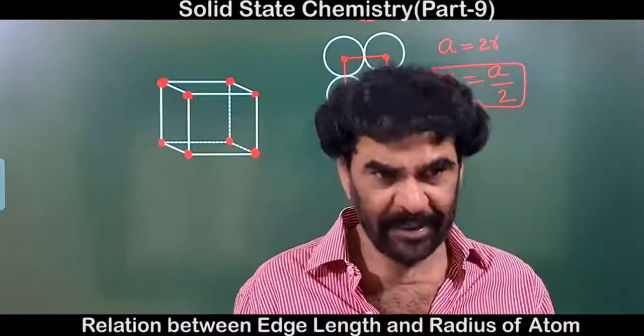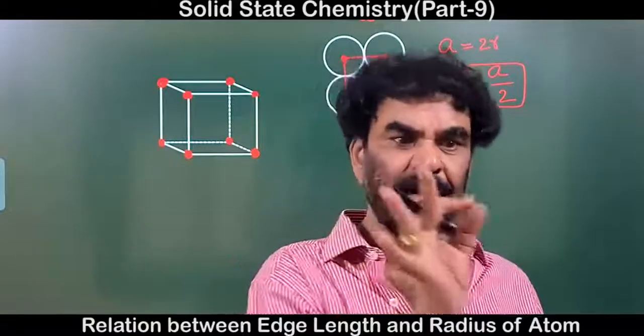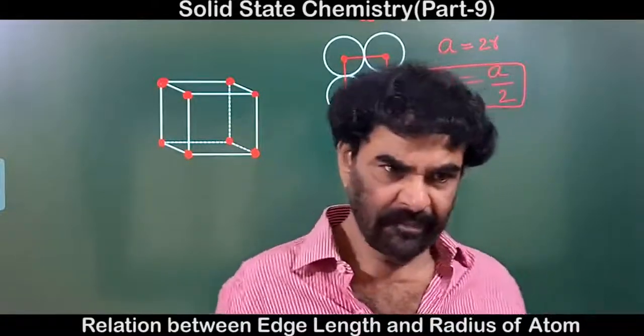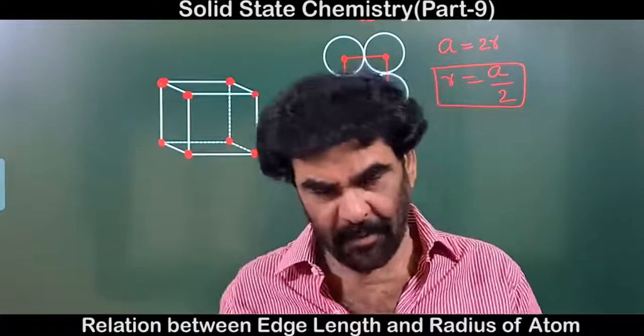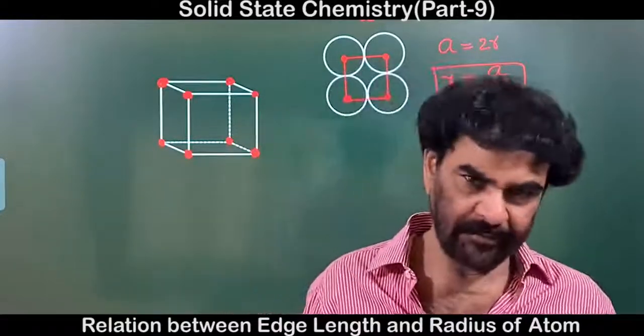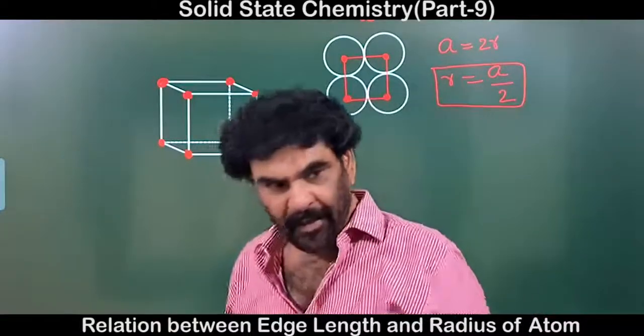You know the meaning of the edge length. And the second one is the radius of the atom, or radius of the lattice point. It may be an atom, molecule or ion.